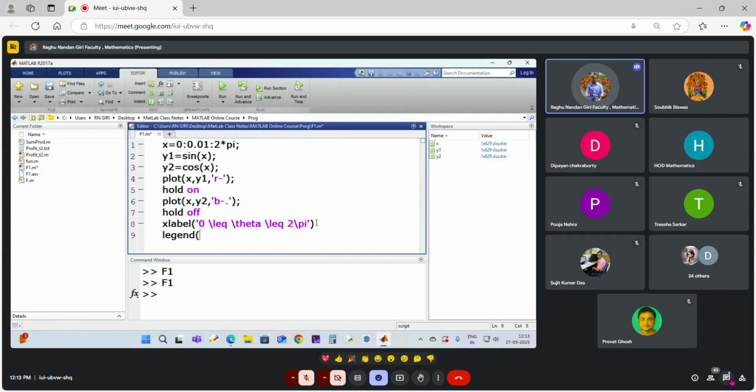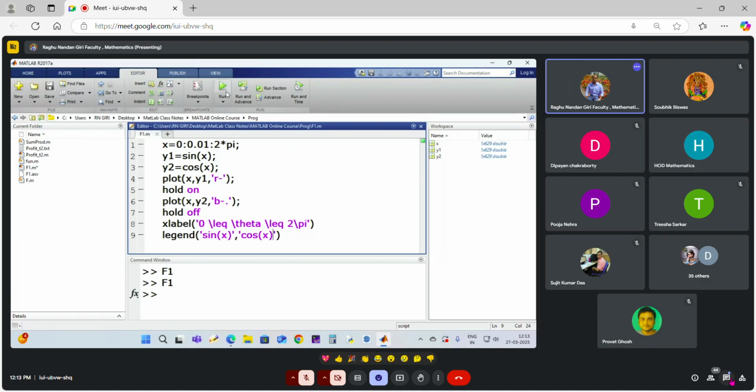There is a function legend in MATLAB. First one is sin x, second graph is for cos x.